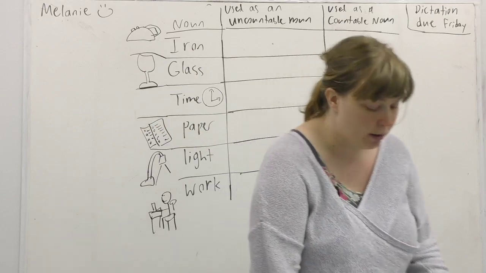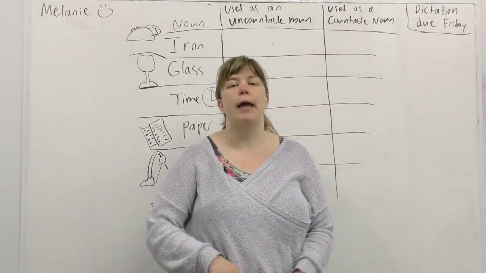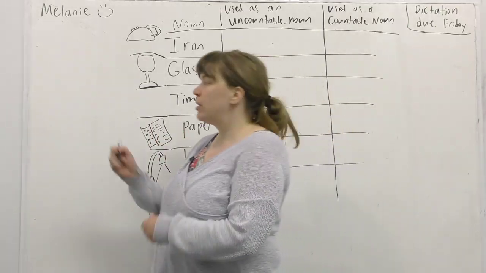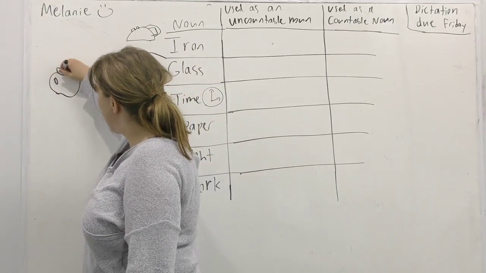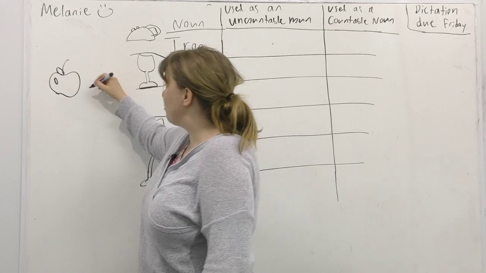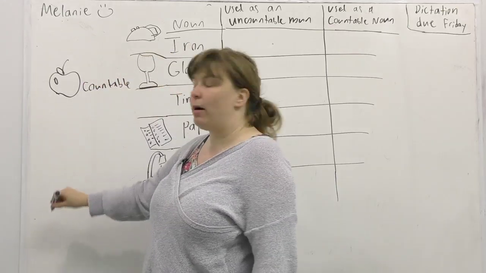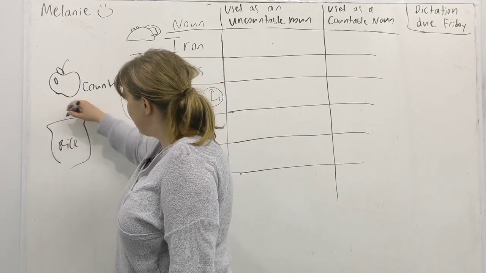All right, so like I told you, most of the time nouns are either countable or uncountable. So for example, here we have a delicious apple, and these are countable. Now, on the other hand, we have rice.